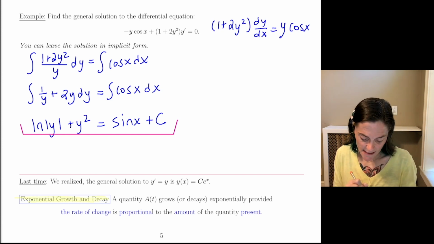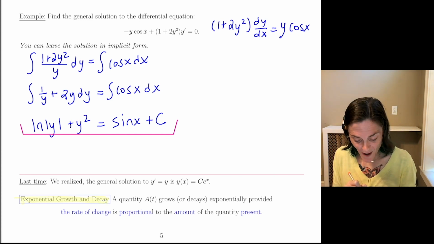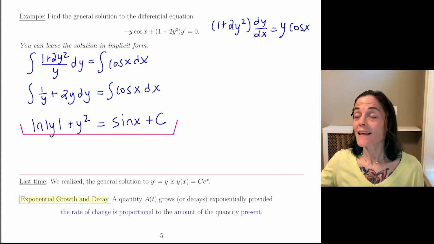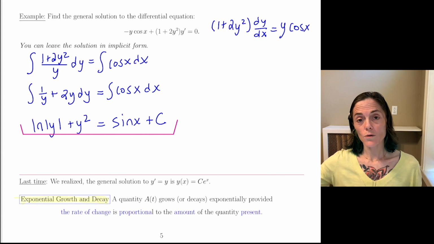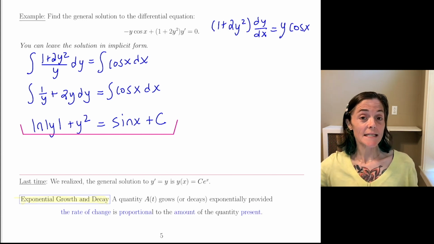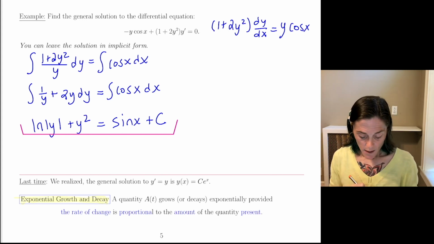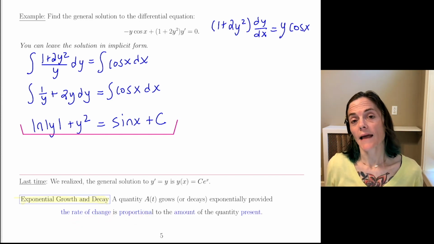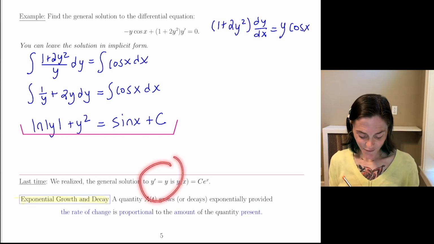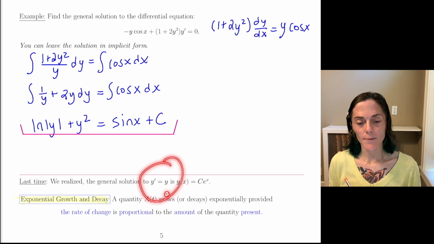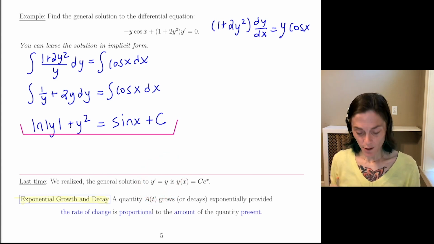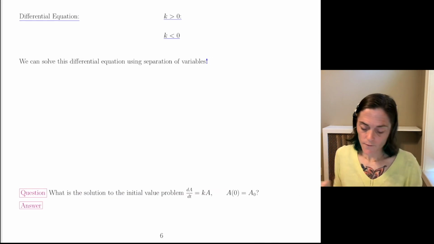You might have seen this in a pre-calculus course before, but I'm going to discuss this from the standpoint of differential equations. So a quantity A of t grows or decays exponentially provided the rate of change is proportional to the amount at that time. So this differential equation says the rate of change equals the amount at that time. Proportional, well, it says the following.